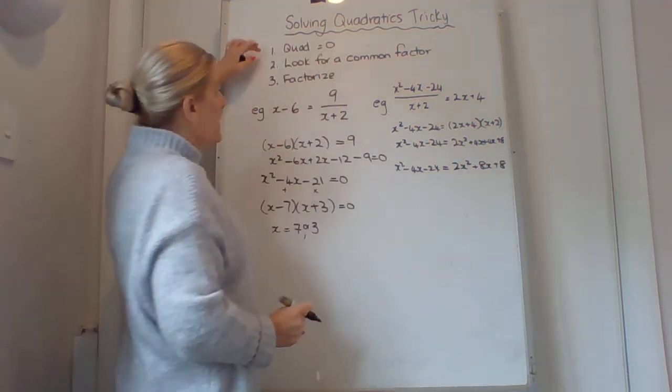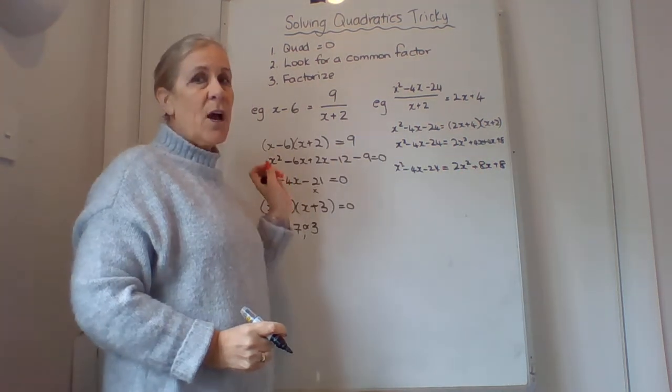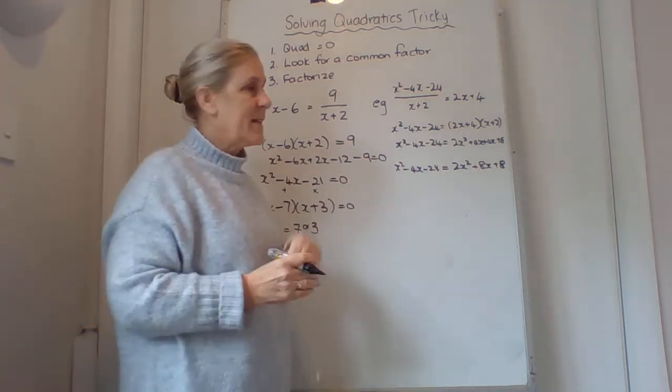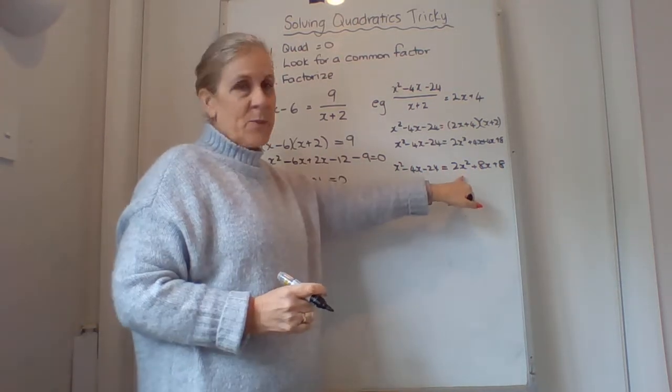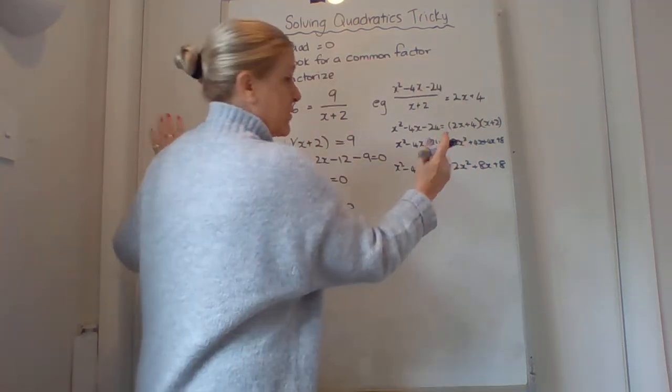We're now at the point where we have to obey the first rule. A quadratic has to equal 0. So I need to bring everything over to one side. Now, as I said the other day, it doesn't matter which side. Because this one's bigger, a bigger 2x squared, I'm going to take everything over there and then turn it around. All right?